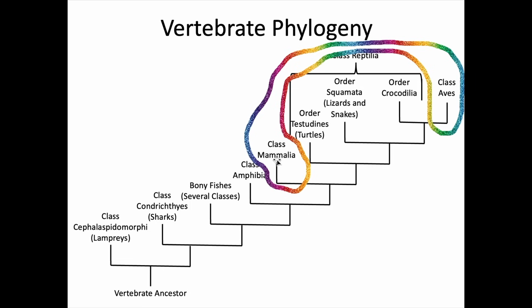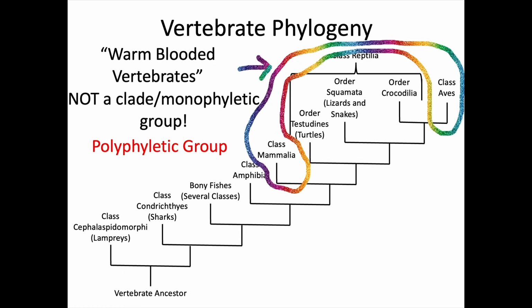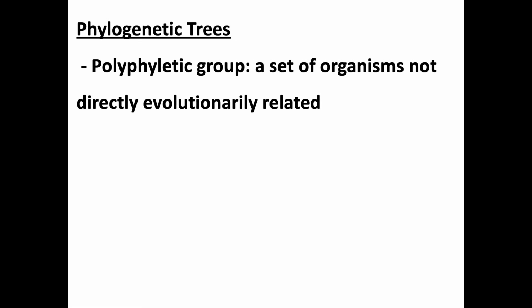But as we can see, they're distantly related to one another. This is not an evolutionary relationship here. We call this a polyphyletic group. We're not just doing a clade and subtracting one or two groups. Polyphyletic means just two completely different things that happen to be grouped together. Polyphyletic group, a set of organisms not directly evolutionarily related.